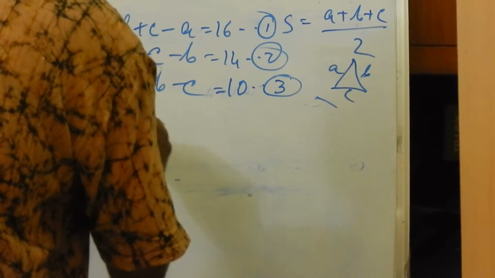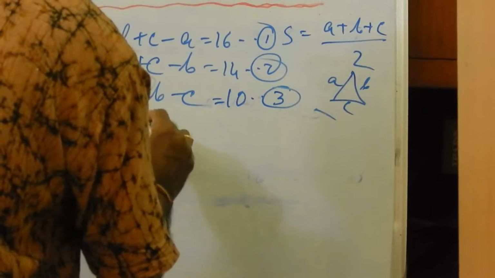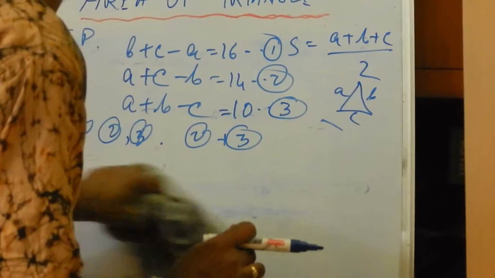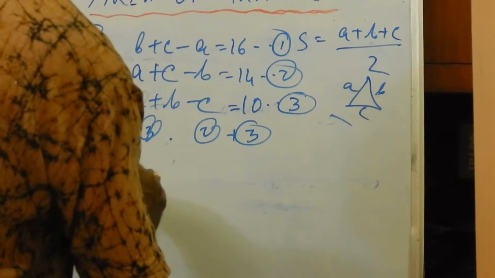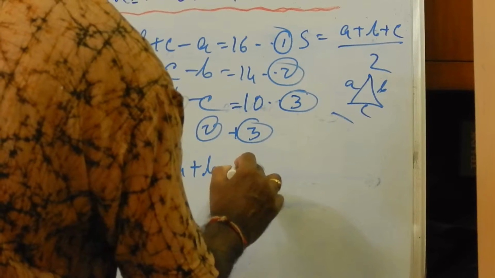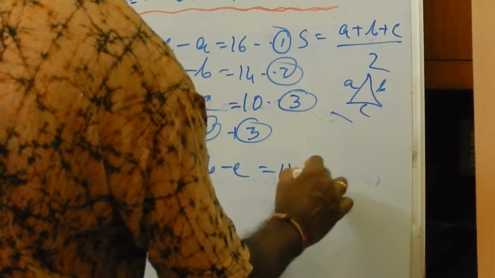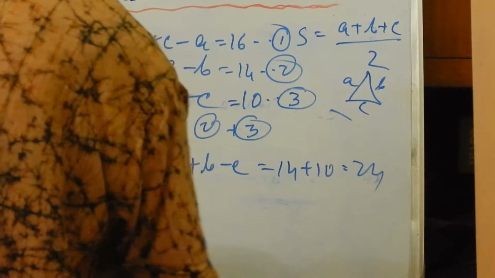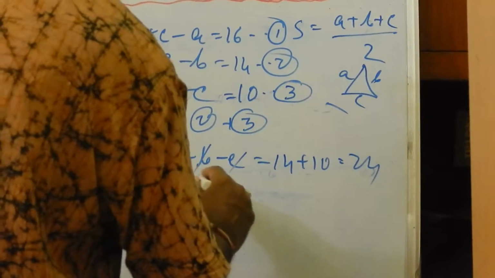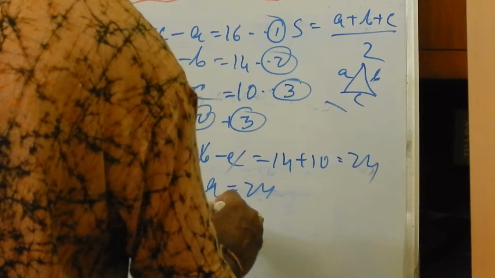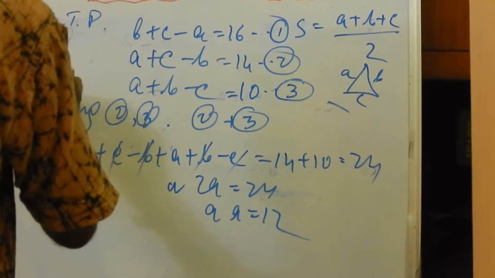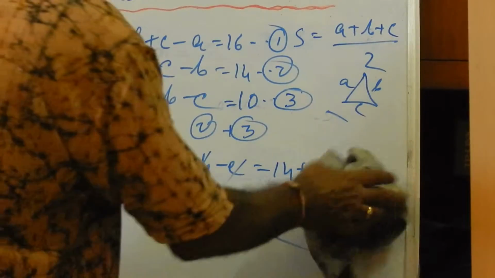Adding 2 and 3, that means 2 plus 3, what do we get? a plus c minus b plus a plus b minus c equals 14 plus 10 equals 24, or 2a equal to 24, or a equal to 12. So a equal to 12, another side is derived.